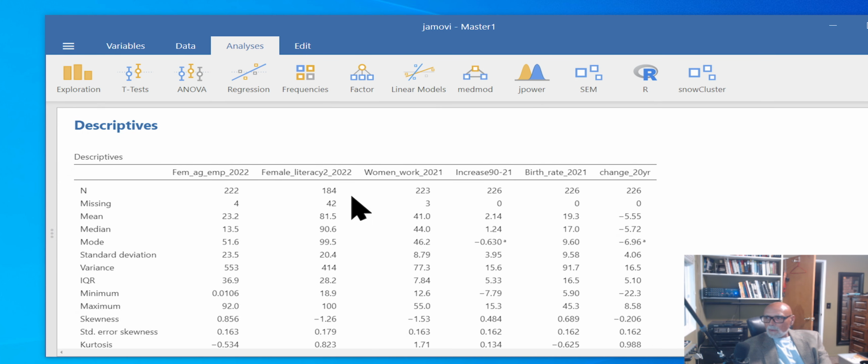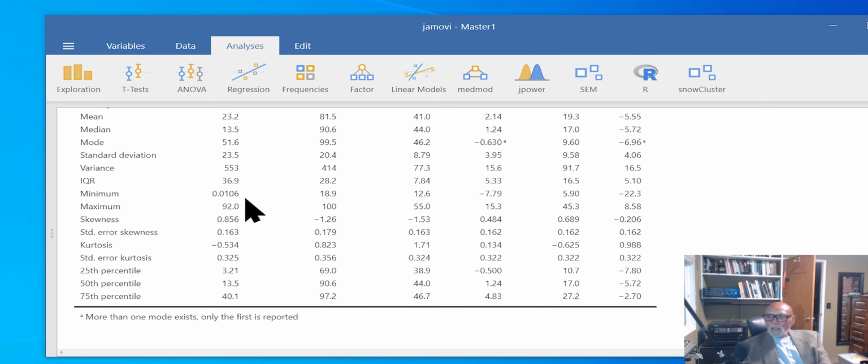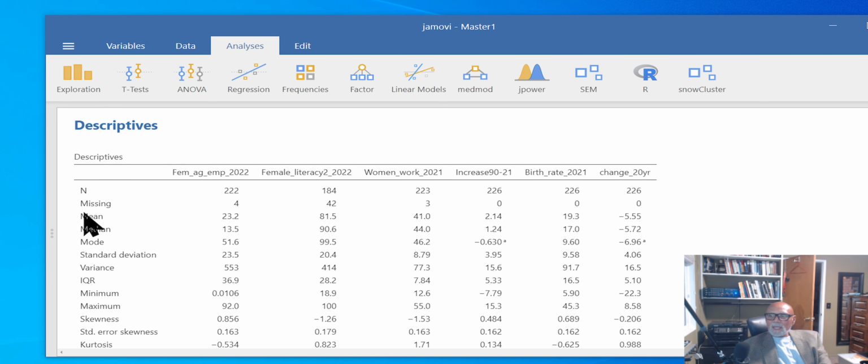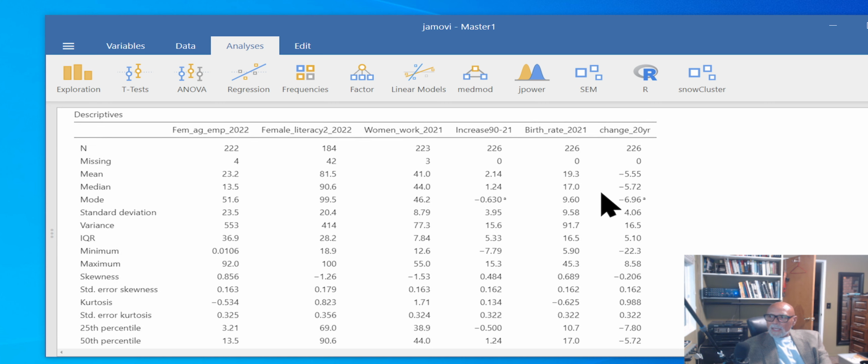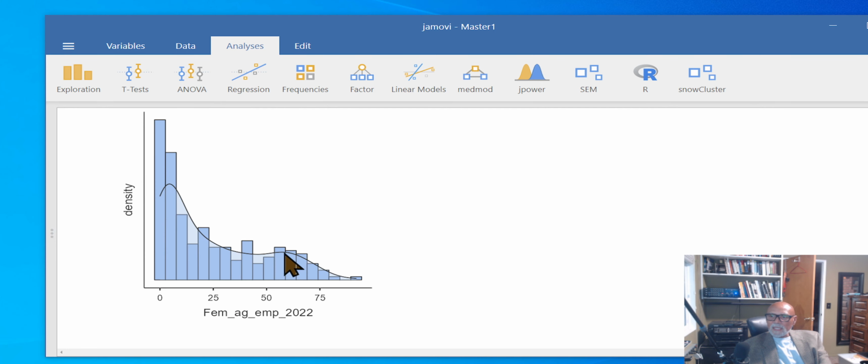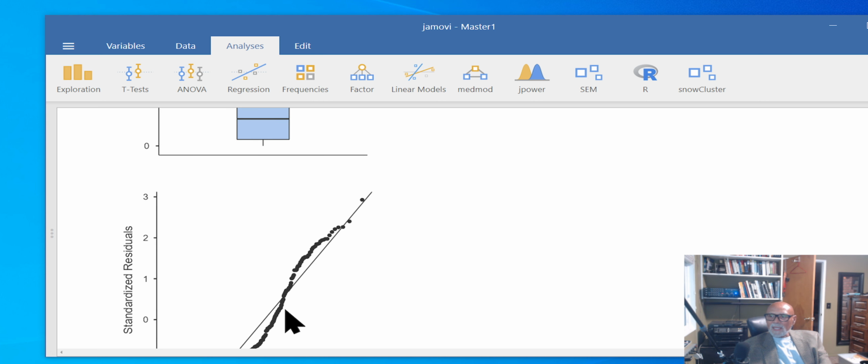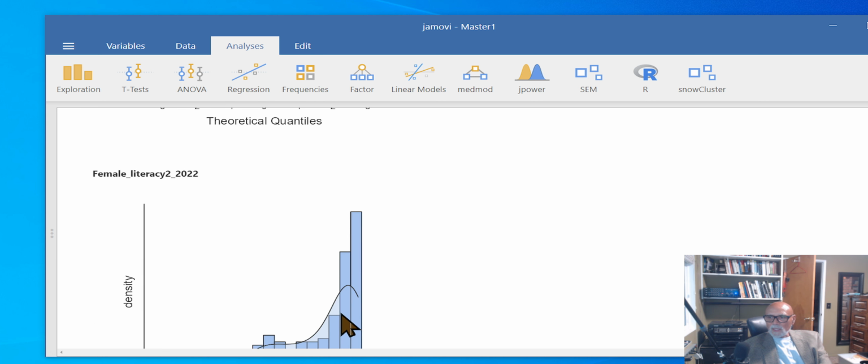So let's look at what we have. Here are all of your measures. For each one of the variables, we have the mean, median, mode, standard deviation, variance. And we can take a look at how those distributions are illustrated with our histogram, with our box plot, and with our QQ plot.